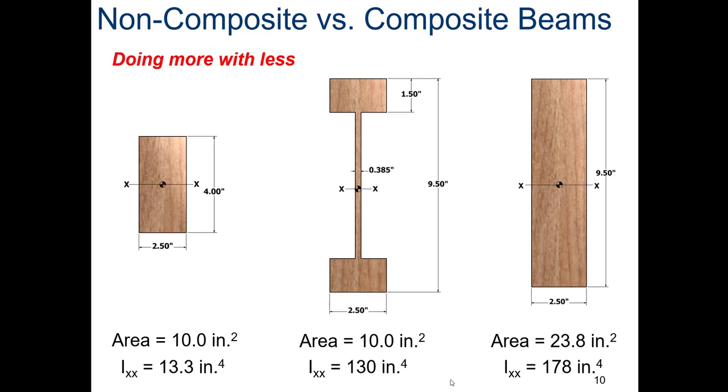But let's look at that. It has an area that is more than twice of this. So what happens if I took two of these pieces and put them next to each other? It would have an area of 20 inches squared, which is less than this one, and it would have double this. It would have 260 would be the moment of inertia.